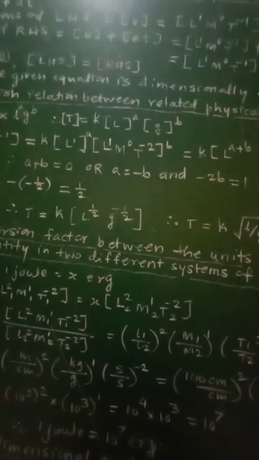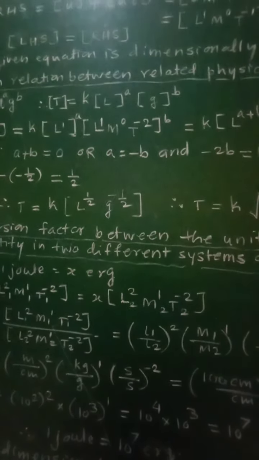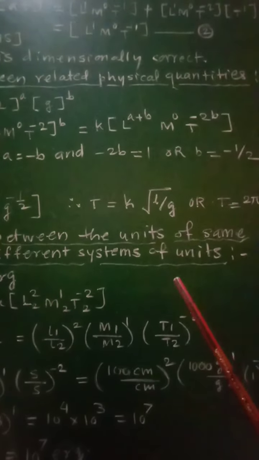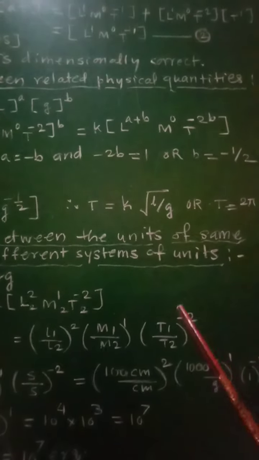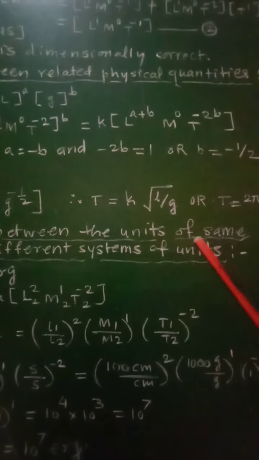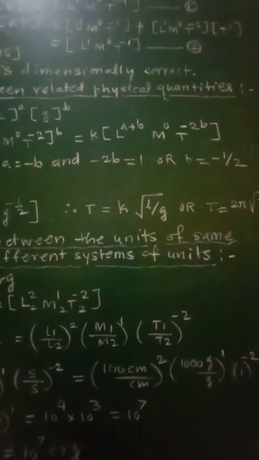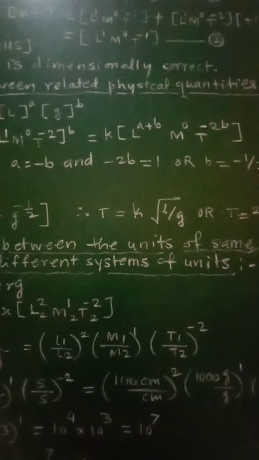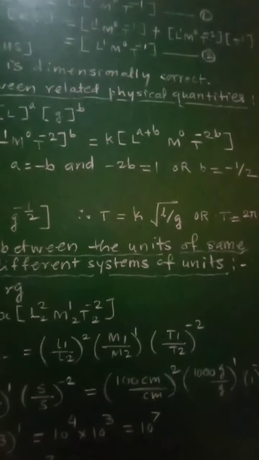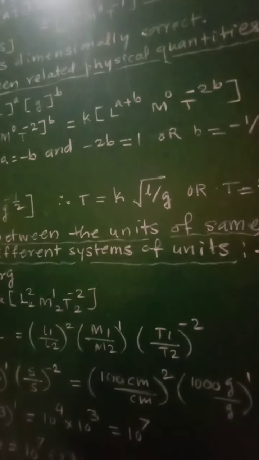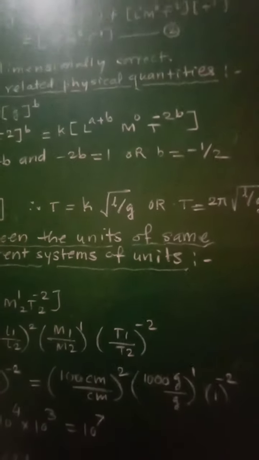So here there is square root of L as well as square root of g, and therefore we can write t equal to k into under root L upon g. L will be at the numerator, g will be at the denominator, because L has its index half and g has its index minus half. Therefore we will get the relation t equal to k times square root of L by g.